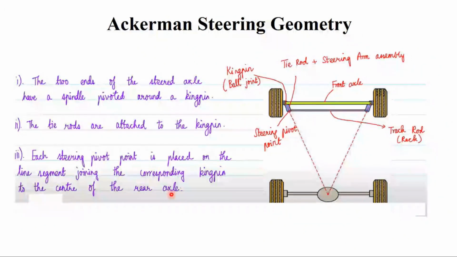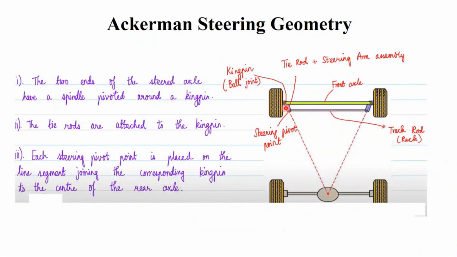And you also have the steering pivot point, which is placed on the line segment joining the corresponding kingpin to the center of the rear axle, right? That's what I told you.